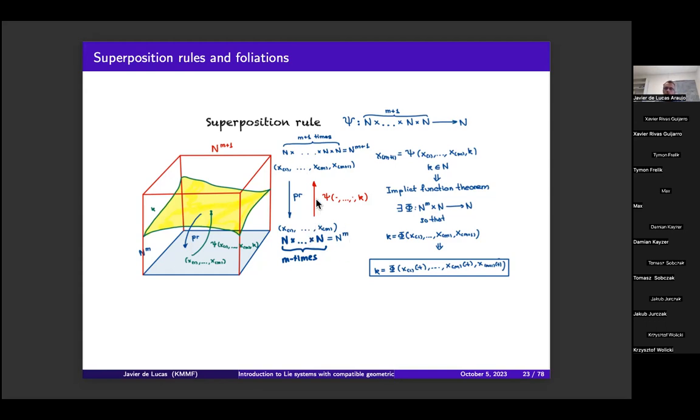A superposition rule, when you fix the parameter, 1 point of n, okay, in here, it will be something that for m points will give you a new one. So they thought about taking n points and adding the x n plus 1 point, okay, that comes from this.